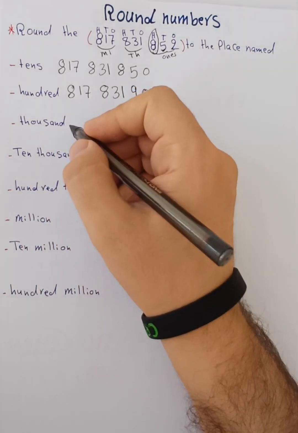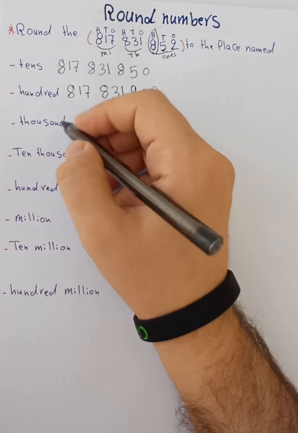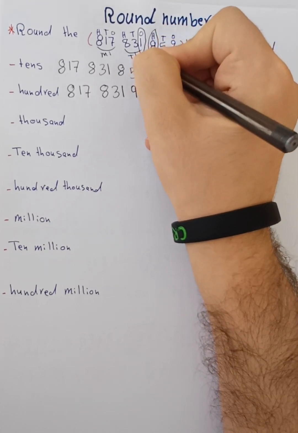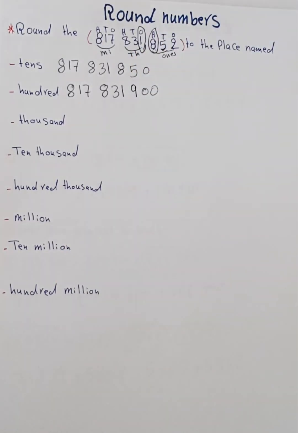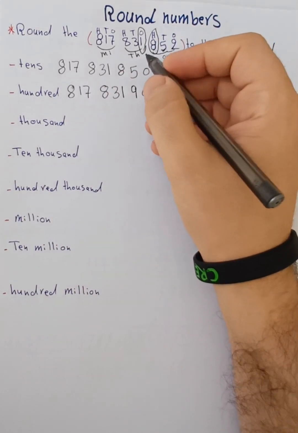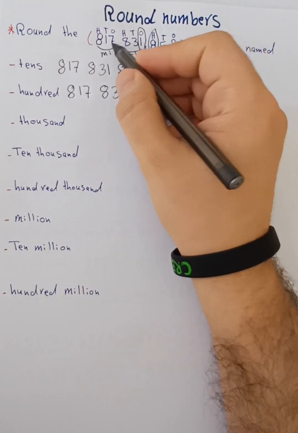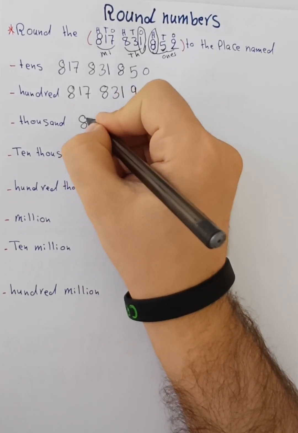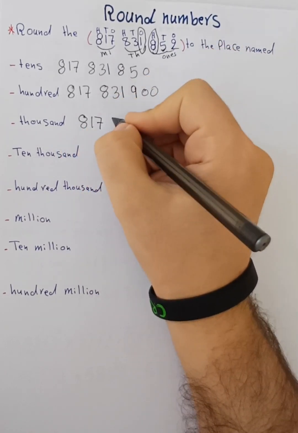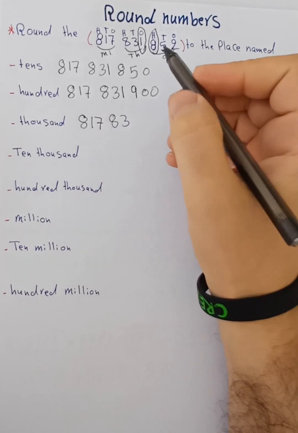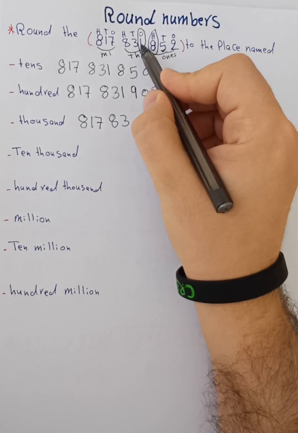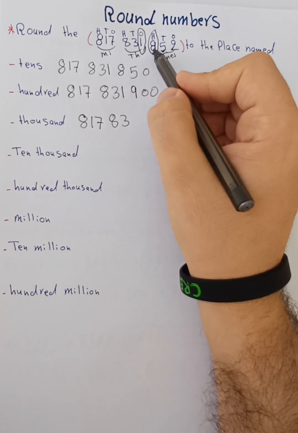After that, we have to round the 1000 digit. This is the 1000 digit, the ones of 1000 digit. We have to write all numbers at left the same. We have 817 and 83. So we have to round 1. After 1 we have 8.